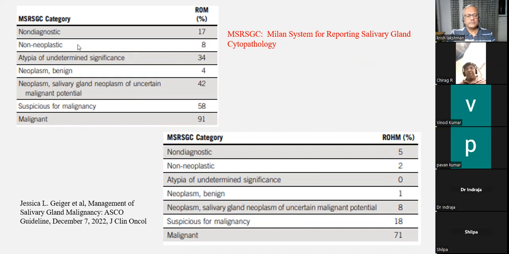It has 7 categories: non-diagnostic, neoplastic atypia, benign, salivary gland neoplasm of uncertain malignant potential, suspicious for malignancy, and malignant. Based on this, we can report the FNAC, fine needle aspiration cytology reports, and then decide the treatment accordingly.